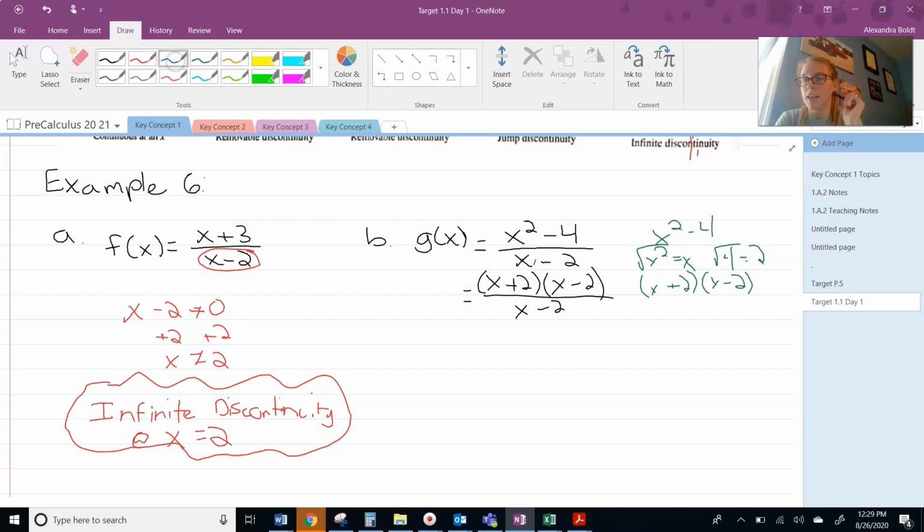This is another reason why we call it a removable discontinuity, right? If I look here, these cancel, and I'm left with x plus 2. Okay, but we have to take that canceled one and say this still can't be 0. And add 2 to both sides.